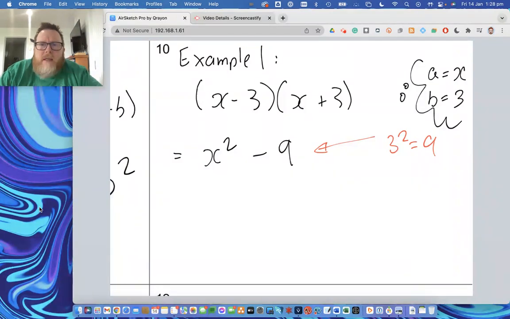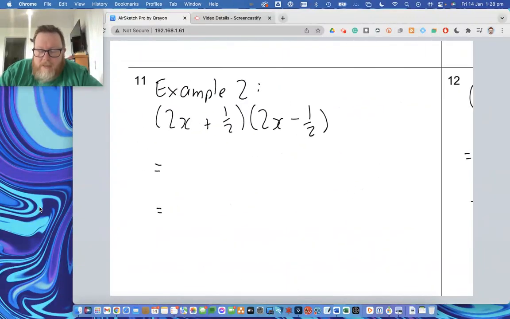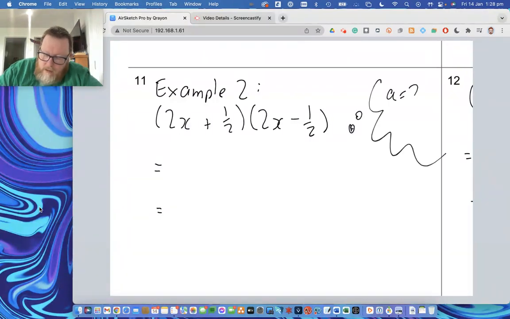That is basically it. All we can do now is make it more difficult, like example 2. 2x plus a half times 2x minus a half. Again, the thinking: a is 2x, b is equal to a half. Try to avoid turning it into 0.5. I think you'll do better if you leave it as a half when you can.